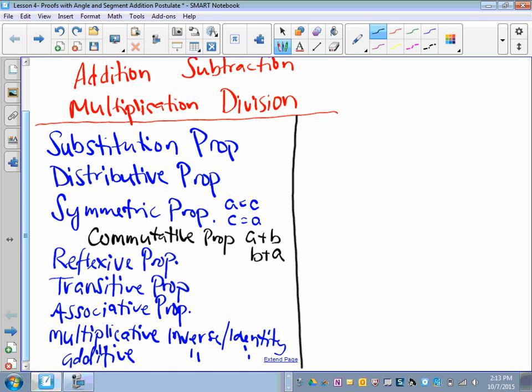Now, of course, we have this vocabulary sheet that you may have to say, you know, definition of supplementary angles or definition of ray, things like that. But I'm going to pull out the ones that are most common for us. A couple of things that we'll definitely be using. Supplementary angles. So definition of supplementary angles.